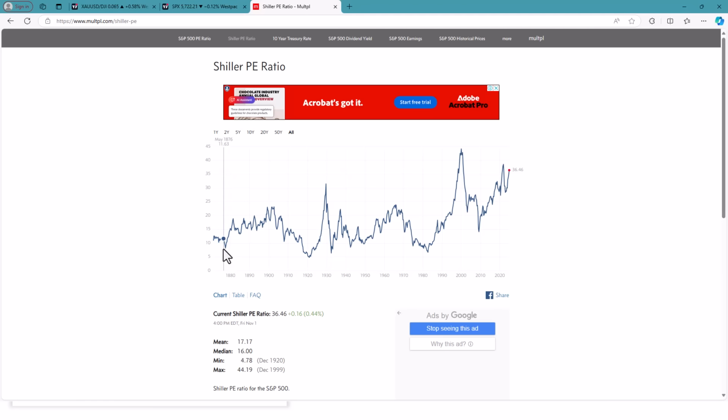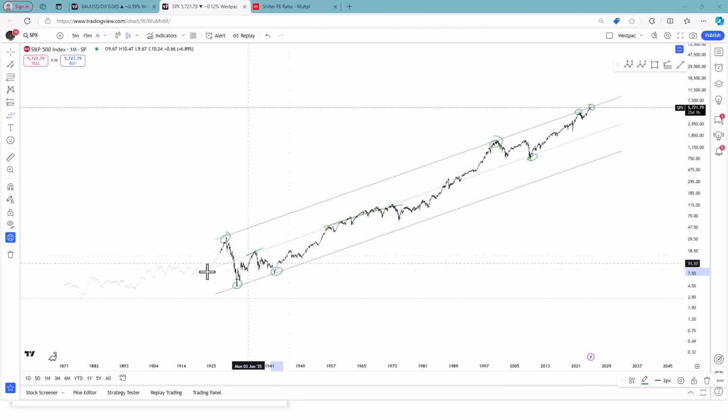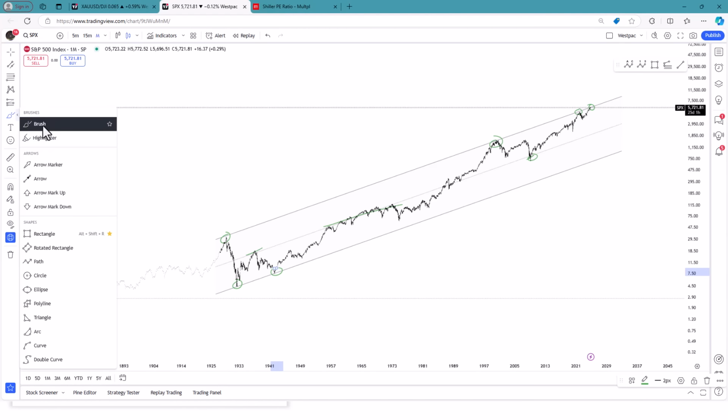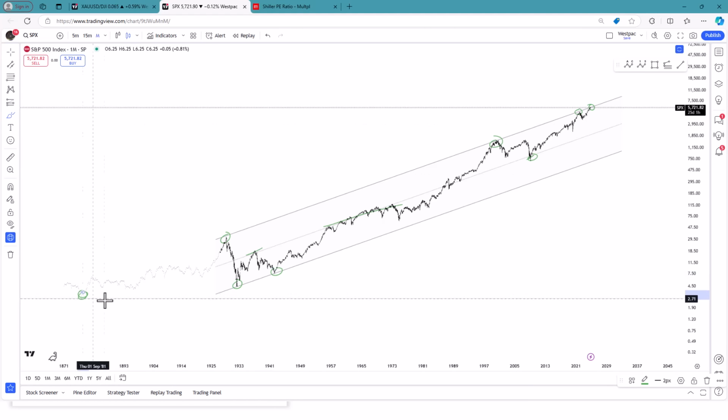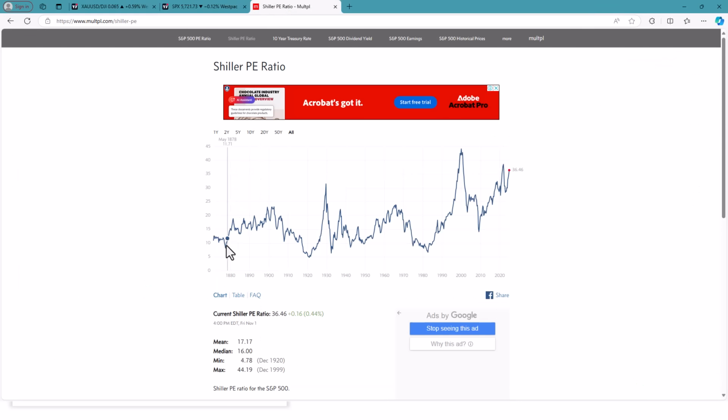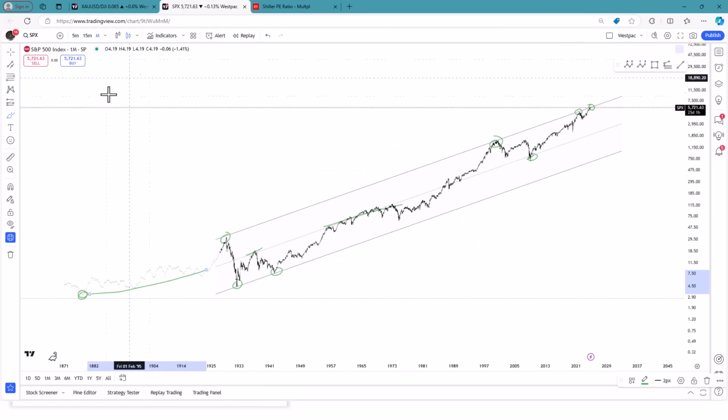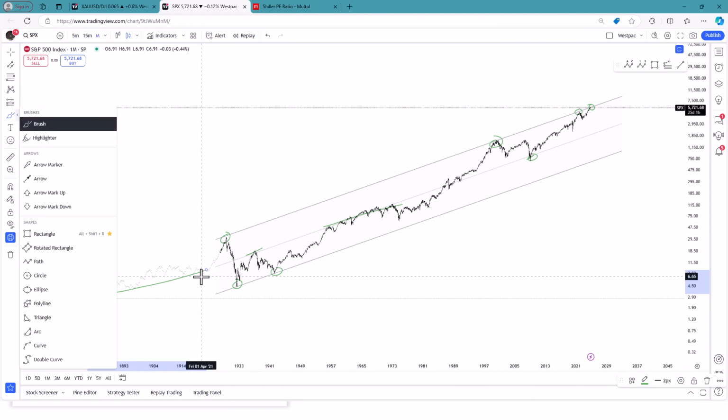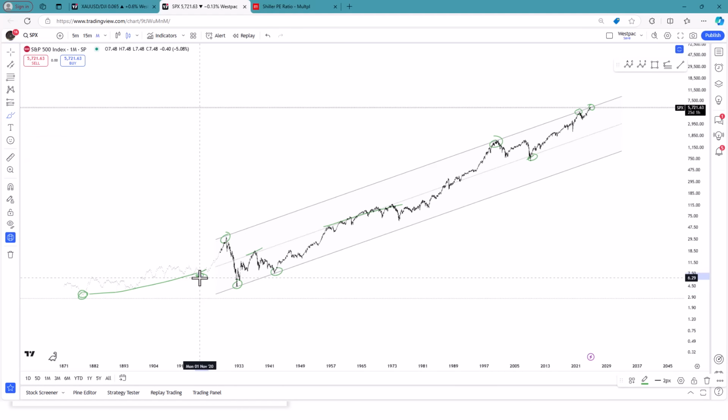Under 10, just before 1880, and that was here. Then you can see we went on a massive bull run from 1880 up until 1929, a 50-year bull run. Safe to say that was a good time to buy. Here in 1920, when we were down at 5, safe to say a good time to buy.